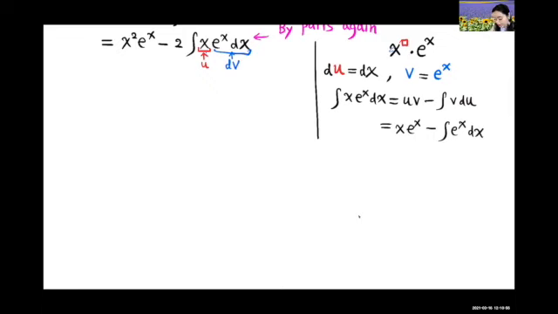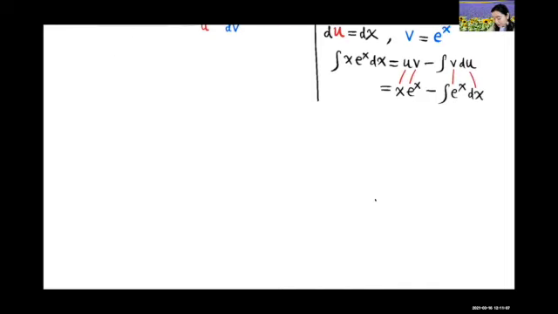See, this is this, and this is this. Now you see that it's actually simpler. Now you have the integral of e to the x. It's simpler than this.